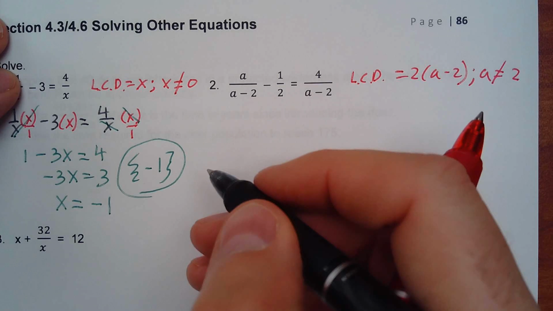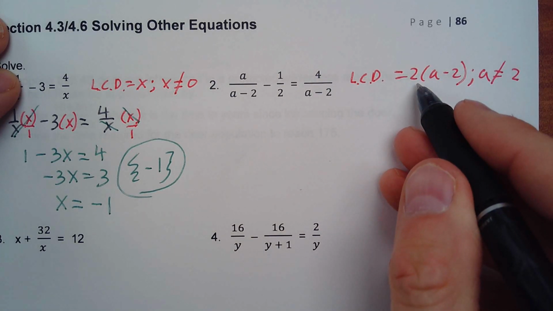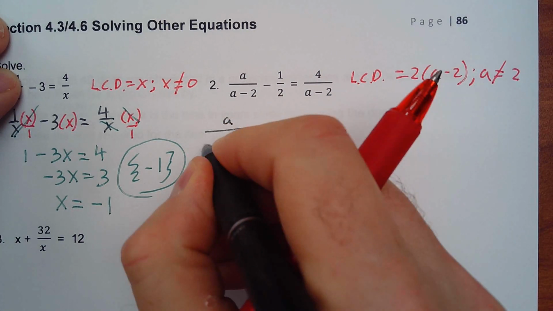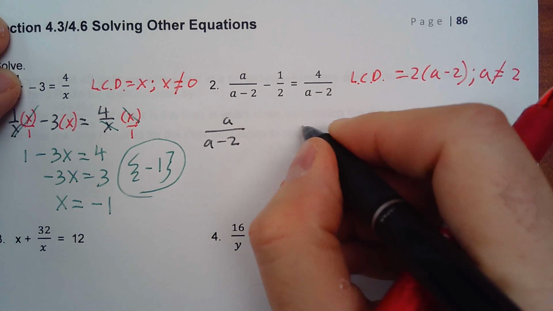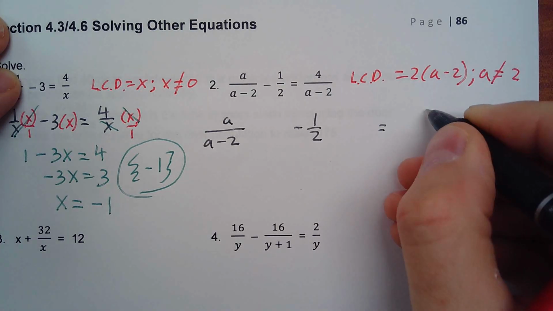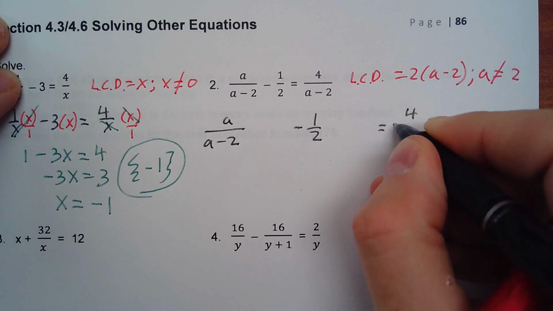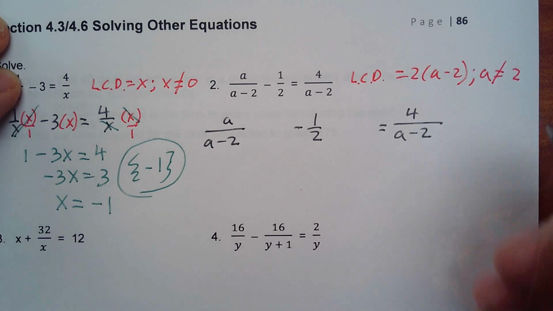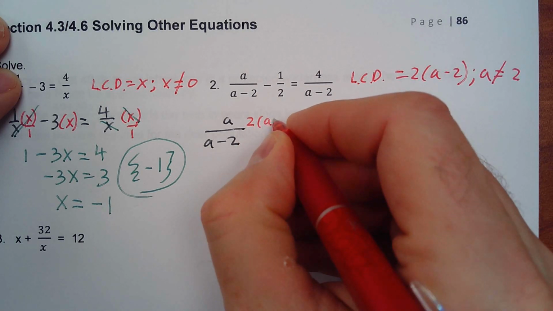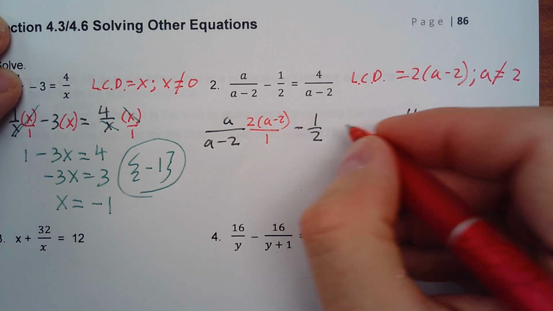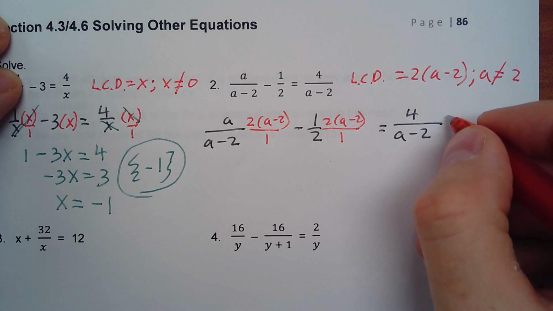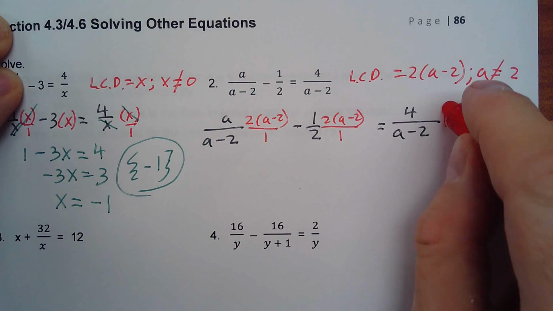We're going to go through, we're going to multiply every term on both sides by this LCD. So I'm just going to leave myself some room here. And let's go ahead and write that as our LCD over 1 just to make it easier. So we can always do that trick if we need to.